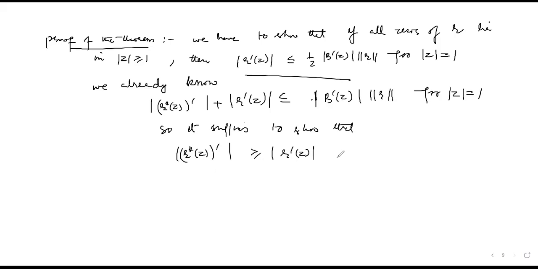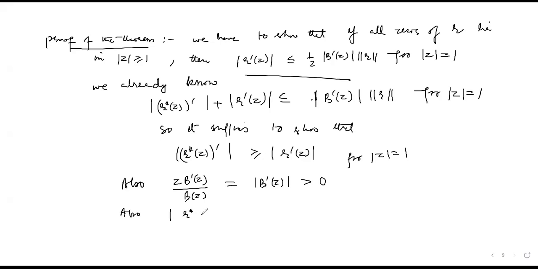Okay, also we know that, if we show this for mod z also, z into b dash z by b of z is actually equal to mod of b dash z, we have already proved that, which is strictly positive in our case because of that sum we got. We have already proved this somewhere, so repeat that from the previous theorem.